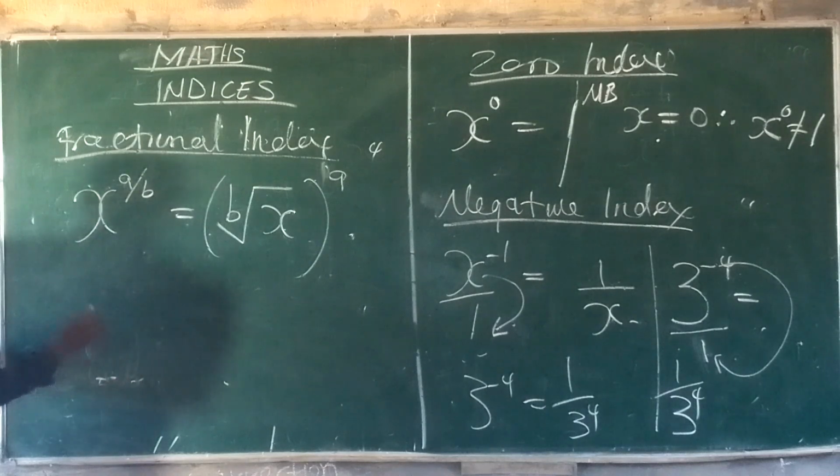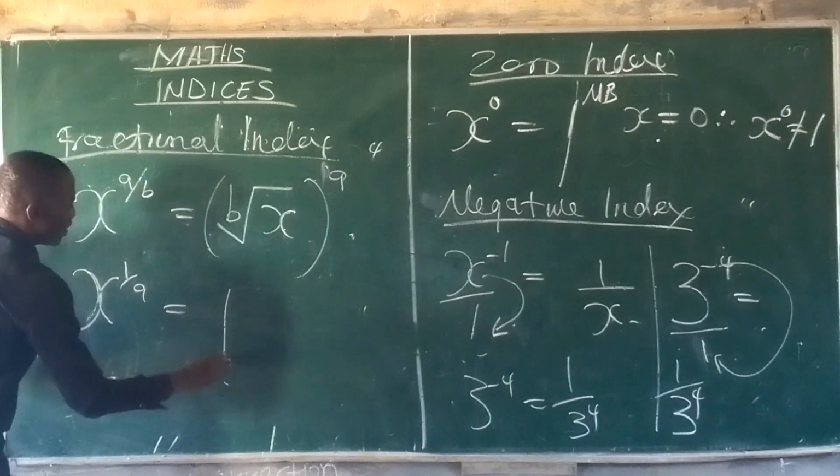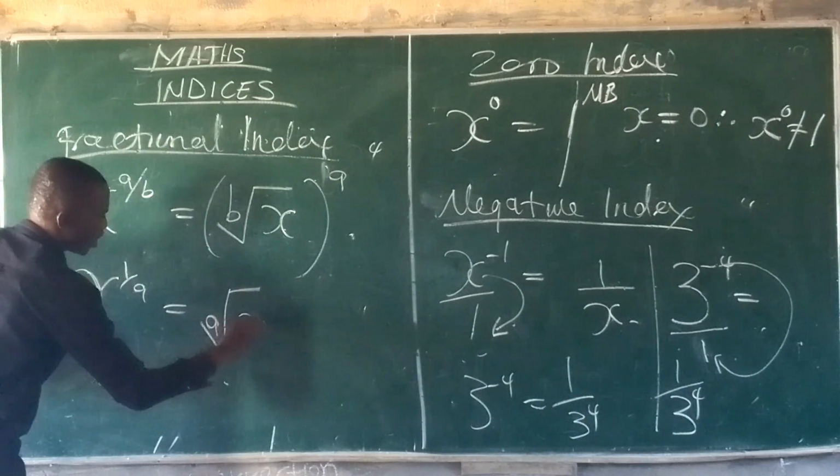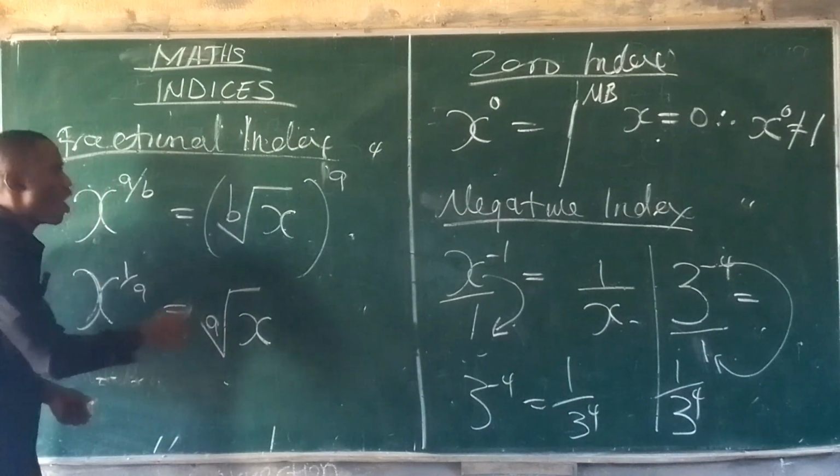For instance, x to the power of 1 over a is equal to the a root of x. You should know that. Now, x to the power of a over b is the b root of x to the power of a.